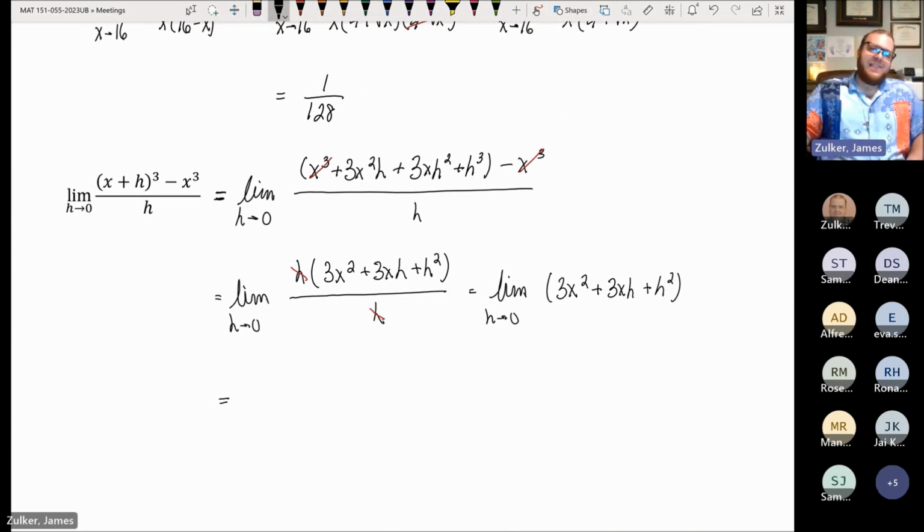Now, if we go ahead and take that limit, just do direct substitution, plug in 0 for h, we get a limit of 3x squared.